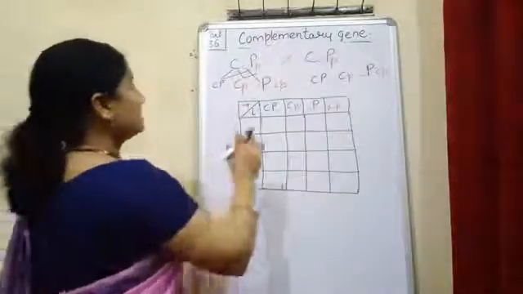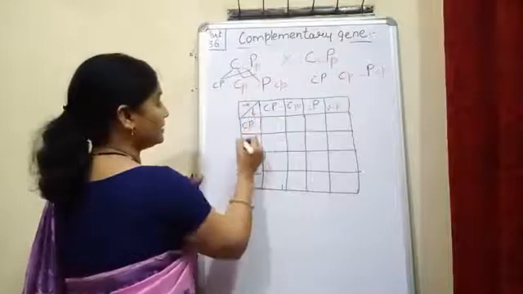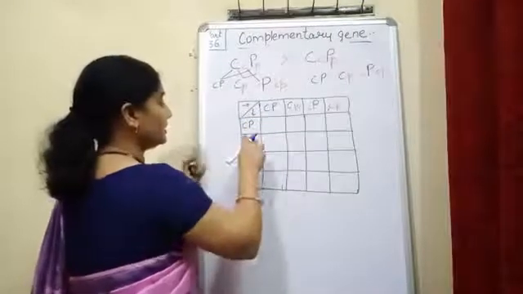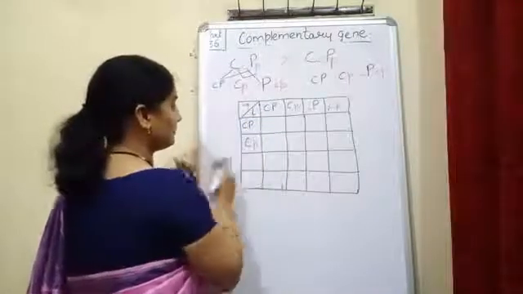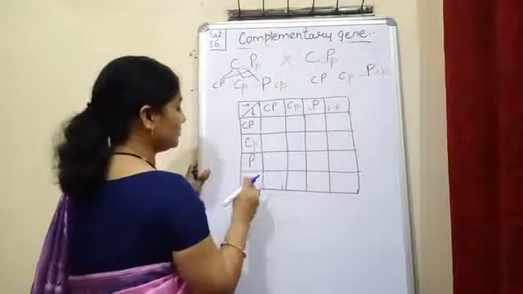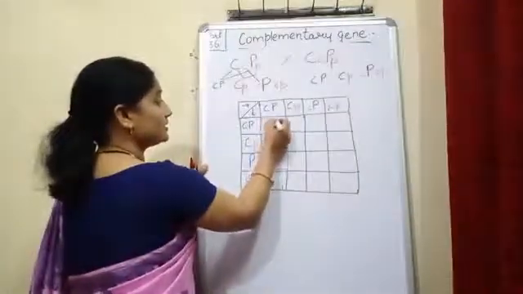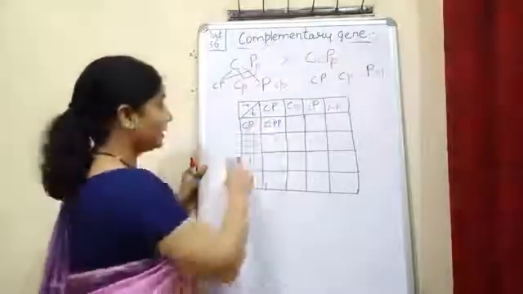Clear? Same condition. Capital C, capital P, capital C, small p, small c, capital P, and small c, small p. If we cross them together, the result will be C, C, P, P. Clear?